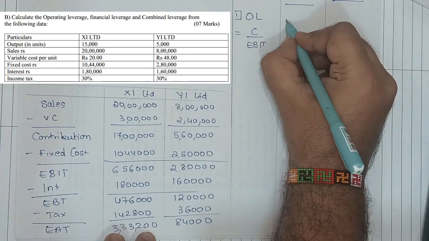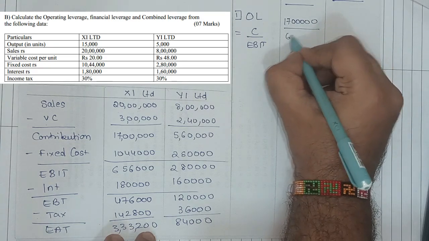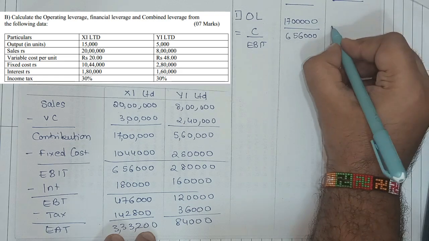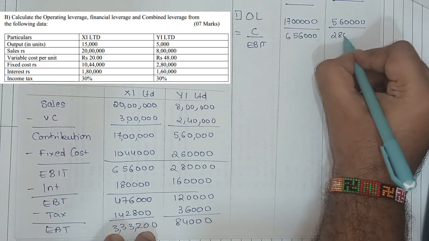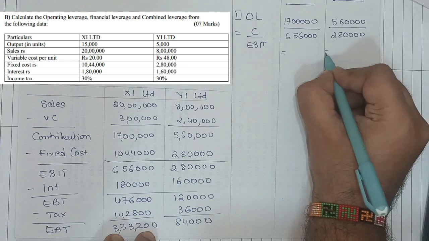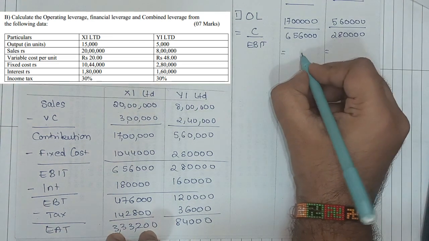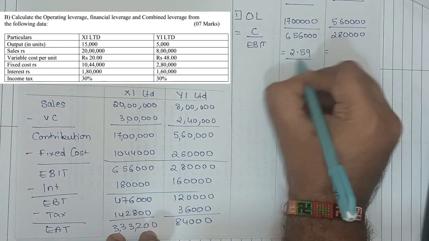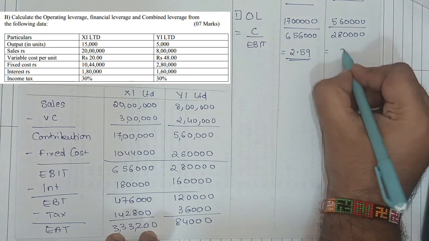So we'll write contribution 17 lakhs upon EBIT 6,56,000. Here it is 5,60,000 divided by 2,80,000, which is 2.